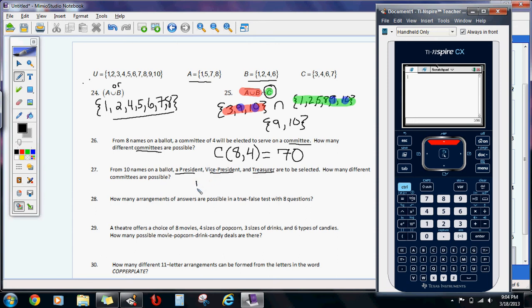So what we're getting at here is that is a permutation because the order at which you select them is important. So permutation of 10 that we are choosing from, and the roles we're choosing are 3 roles. So permutation of 10, choose 3 in that situation is actually equal to 720.